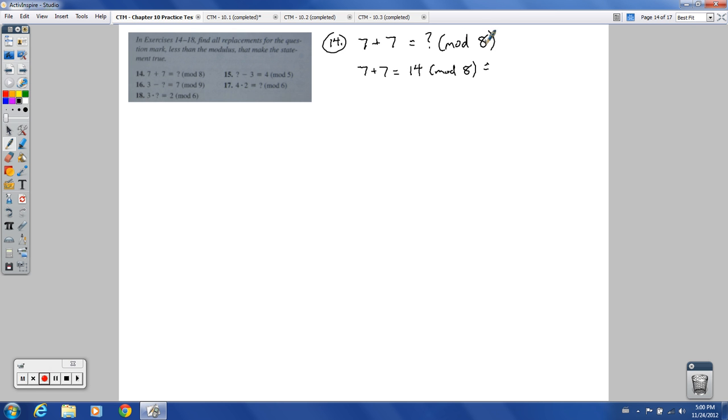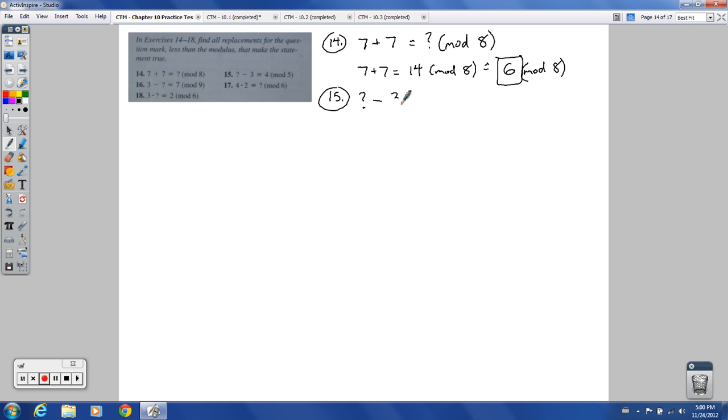The modulus is 8. If you divide 8 into 14, you'd be left with a remainder of 6. So this would be 6 mod 8. So your answer is going to be 6, and I'll just box that in. Our answer here is what goes in the question mark. 6 goes in the question mark.